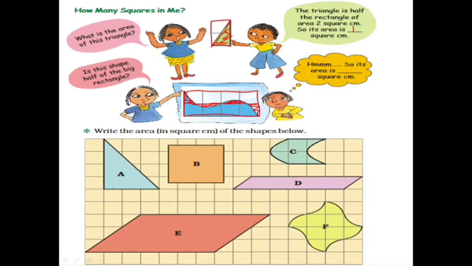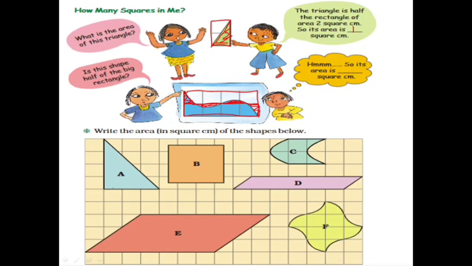So, if we cut these two marked parts and fix them at these two places, then what do we get? We get a rectangle which is 4 by 1. That means a rectangle which is having 4 squares in one row. So 4 ones are 4.